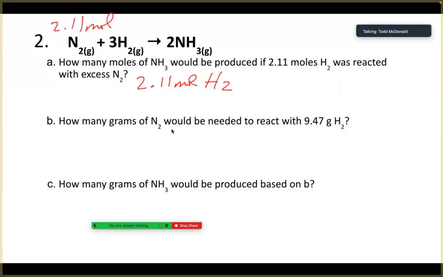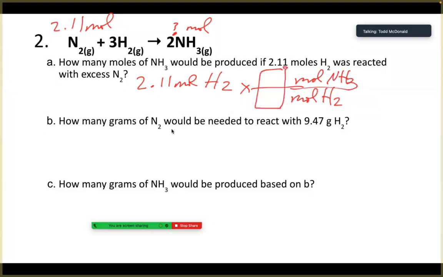What I want to figure out is how many moles of product I can make. In order to change from one substance to another, I have to think in terms of mole ratios. We're going to get rid of the moles we have, moles of H2, and change it to moles of NH3 because that's what we're asked for. This is where we use our mole ratio. We look back at our balanced equation and say, what's the coefficient in front of H2? That's a 3. So I'm going to put 3 on the bottom next to moles of H2.